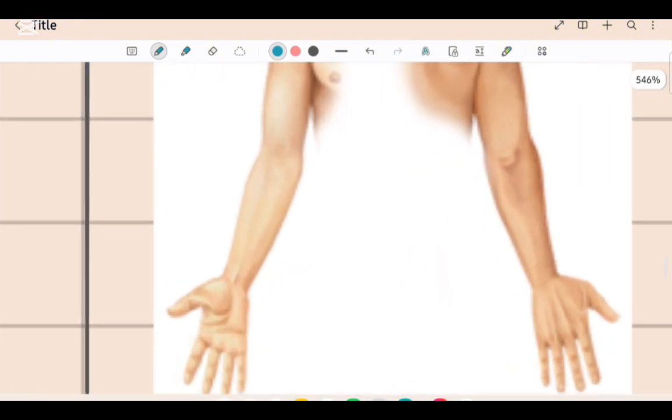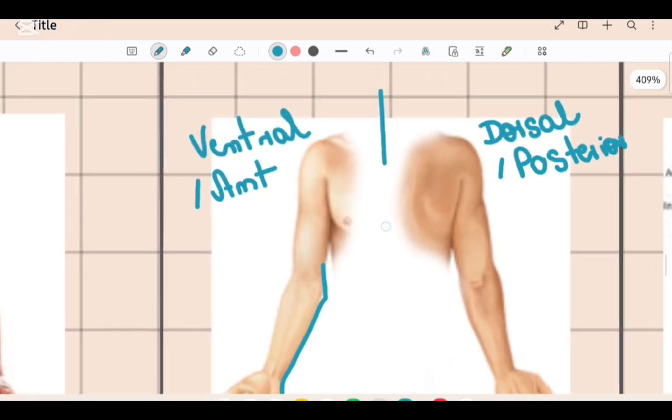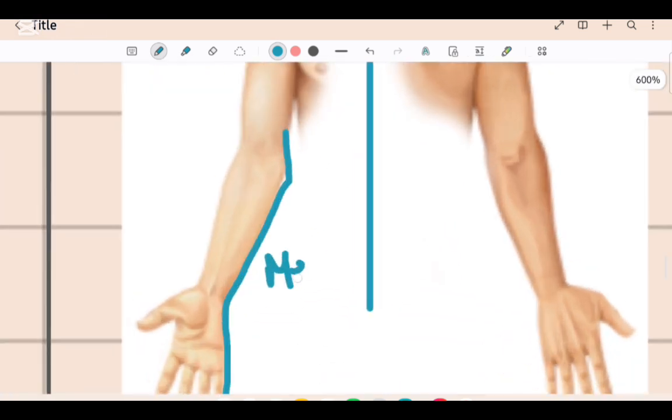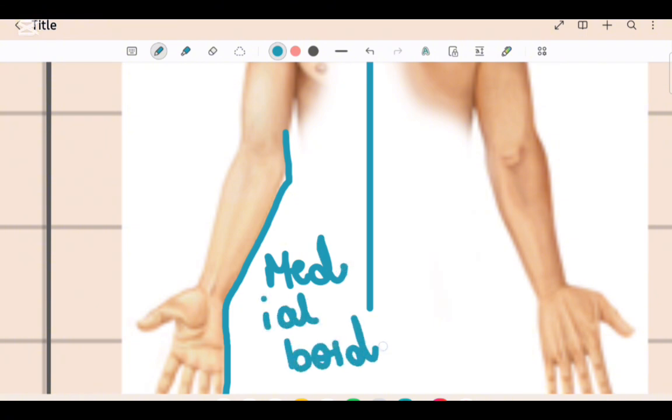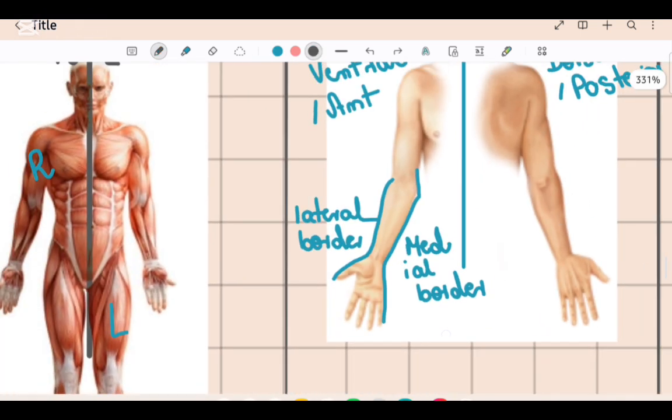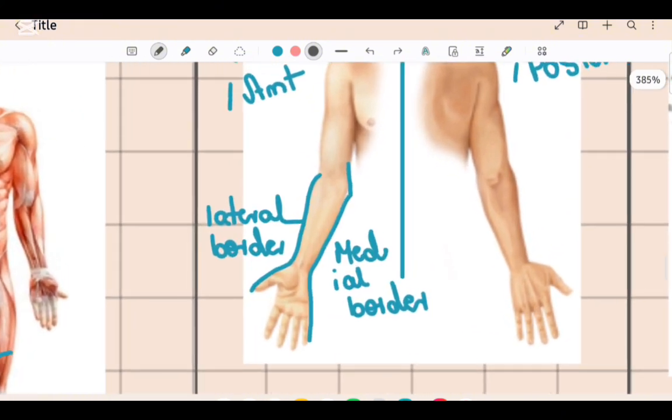In this, this will be your medial border because it's lying closer to the midline of the body, and anything that is away from the median plane is your lateral border.